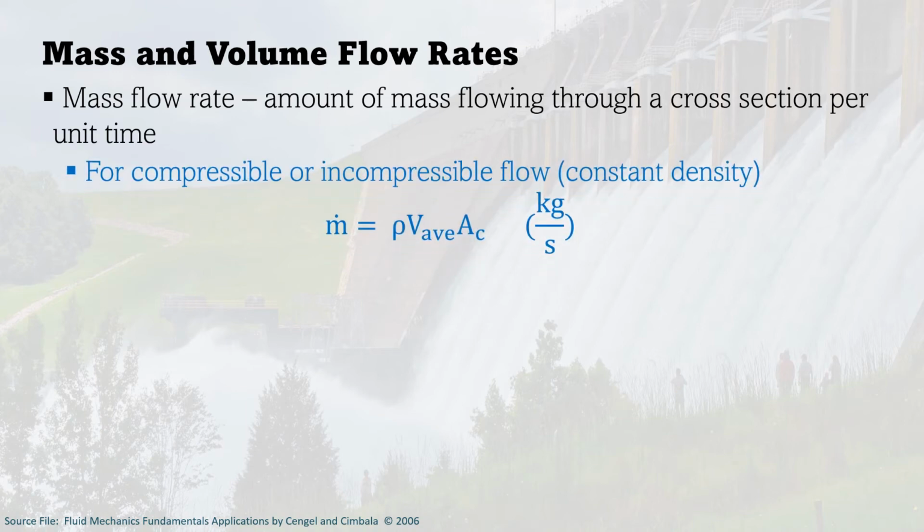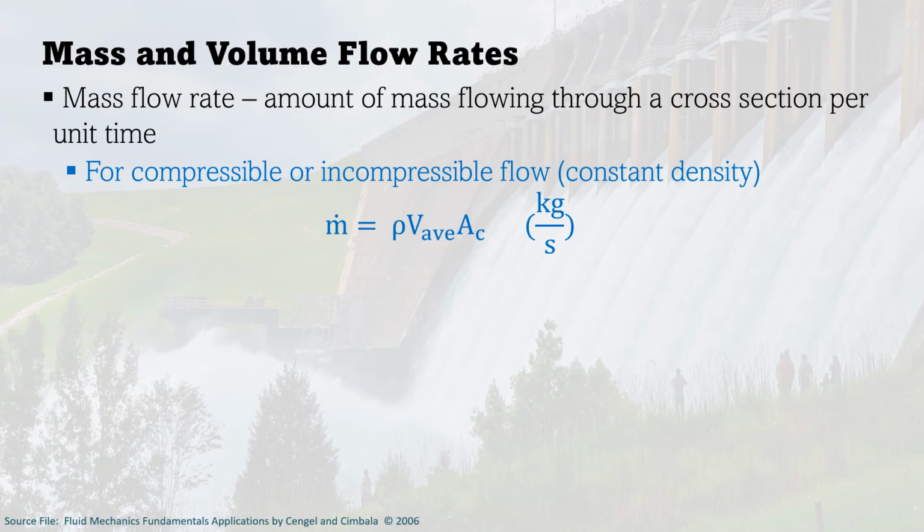For compressible or incompressible flow, this formula can still be applied. The mass flow rate is just the product of the density of the fluid, the average velocity of the fluid, and the cross-sectional area of the flow.